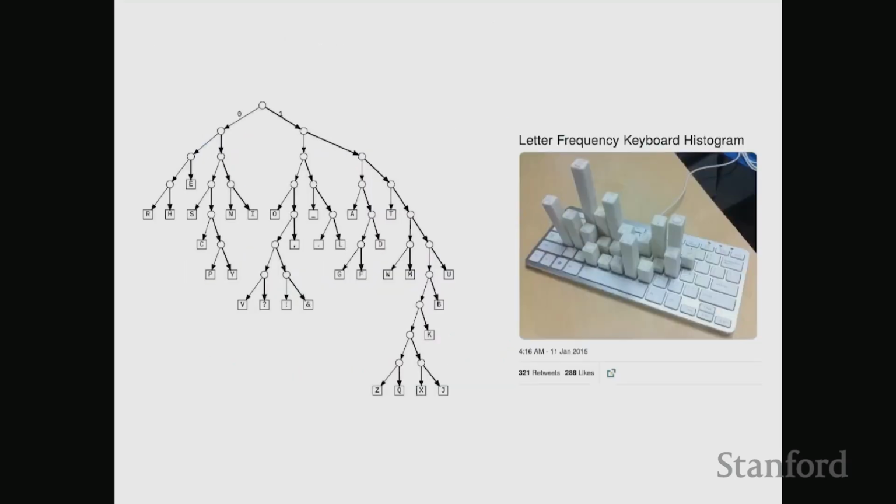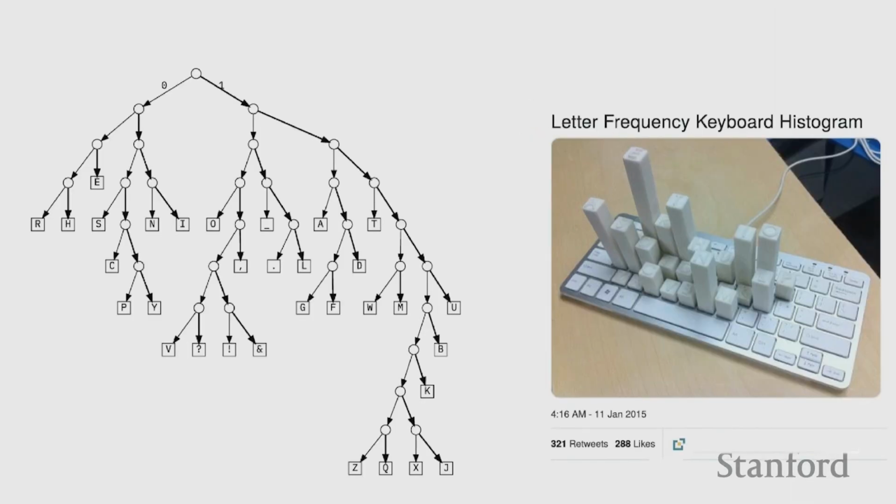Moving on to some practical Huffman codes. First, somebody did a nice experiment where they took a keyboard and the height of the letters on the keyboard is the frequency of that symbol. So E is very, very high, T is the second highest, A is the third highest, right? Just in English. And then they also made the Huffman code for this distribution.